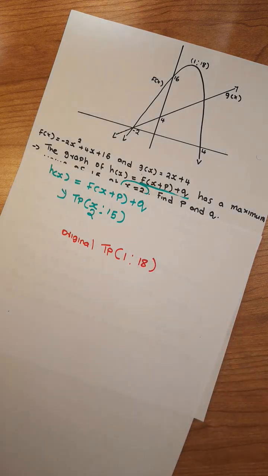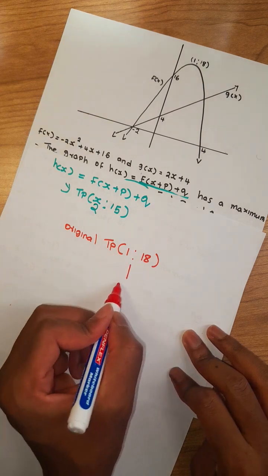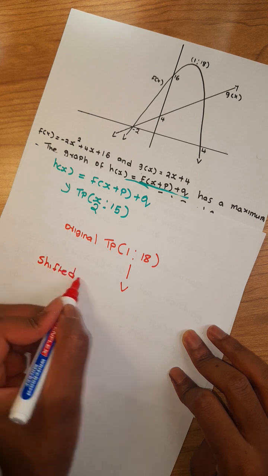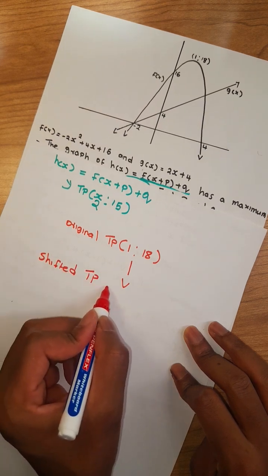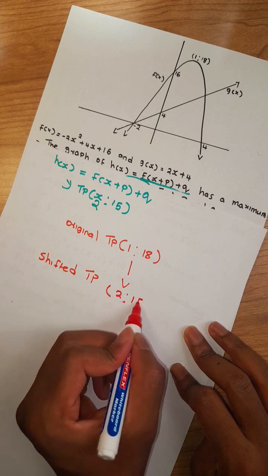But what happened? We moved from the turning point of 1 and 18 to the shifted turning point, which becomes 2 and 15.